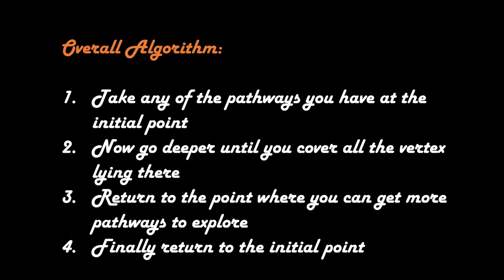So you come back just like how we came back from 1 to 4 and then chose another pathway. Similar to that, we return to the point where you can get more pathways to explore. And finally, return to the initial point and your algorithm is done, your traversal is done.